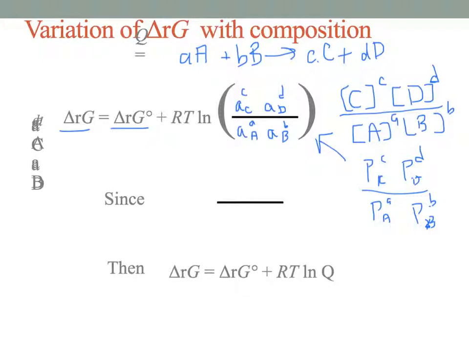All right, so since Q, remember our reaction quotient from general chemistry, Q is equal to both of these things, right?